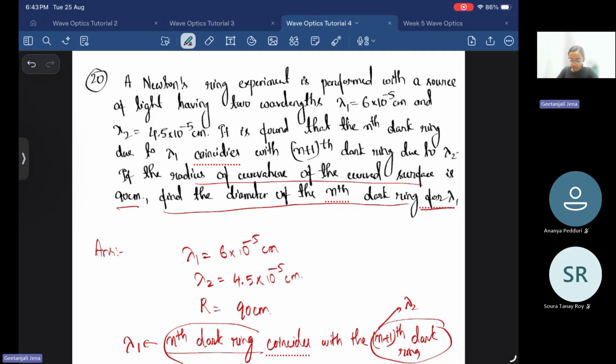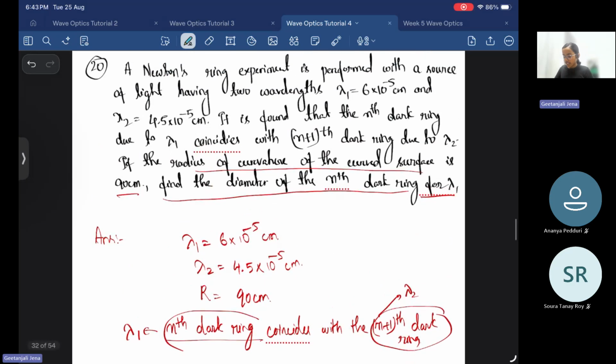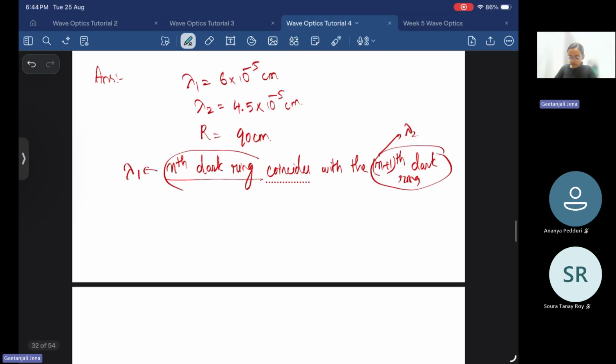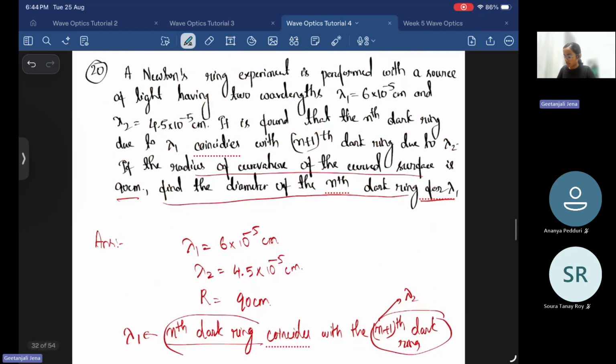Okay, let me go through the solution. I think the answer you are getting is correct. You are asking about n. I think you will get 3 for this case.